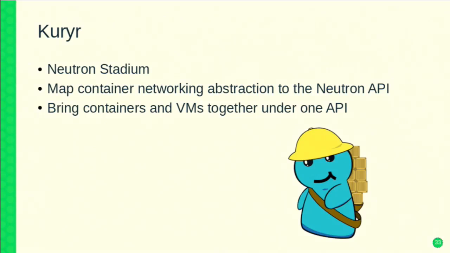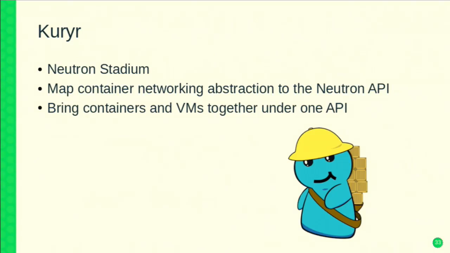It's part of the Neutron Stadium. The Neutron Stadium is just a definition for projects that are affiliated to Neutron. It means that they follow some practices and that they release according to the schedule that we use in OpenStack.